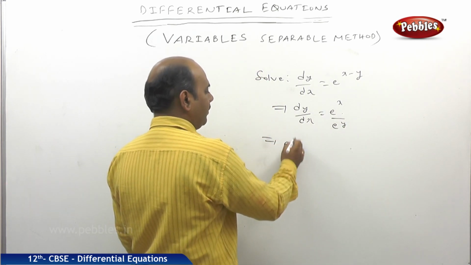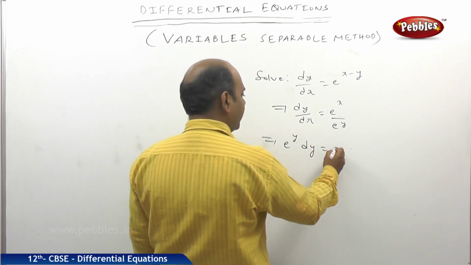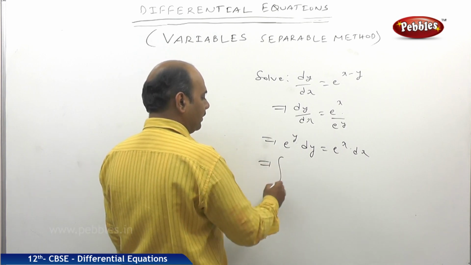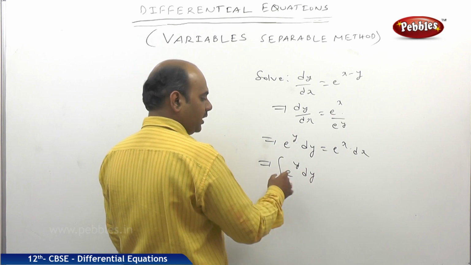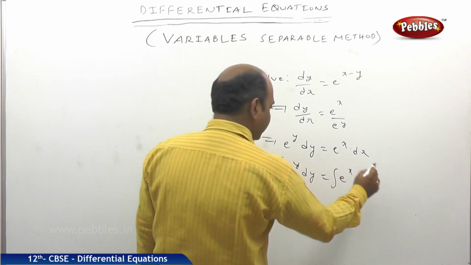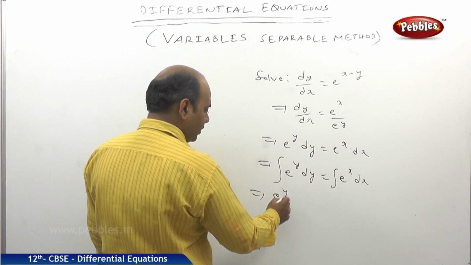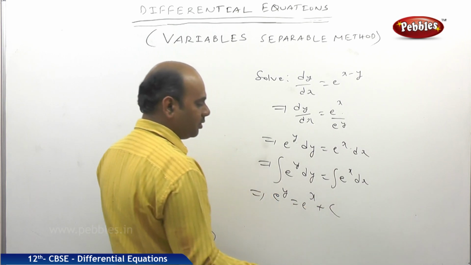Later I will make all y variables to one side and all x variables to another side. Later I will integrate. That means integral e power y dy is equal to integral e power x dx. Integral of e power y dy is e power y, and here also e power x, and one constant we should write.